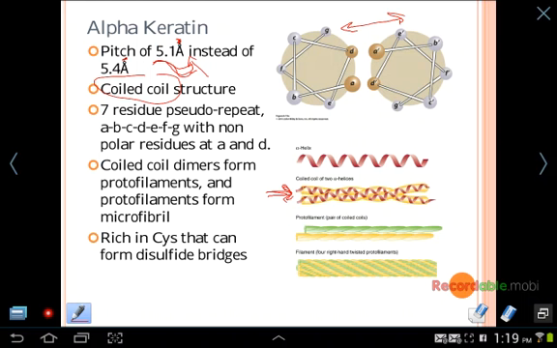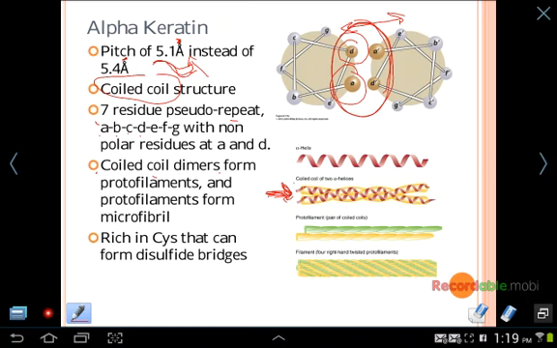Now, alpha keratin usually has a 7 residue pseudo-repeat of A, B, C, D, E, F, G with nonpolar residues at A and D. And what that does is as the two alpha helices coil together, they do so at this hydrophobic interface.